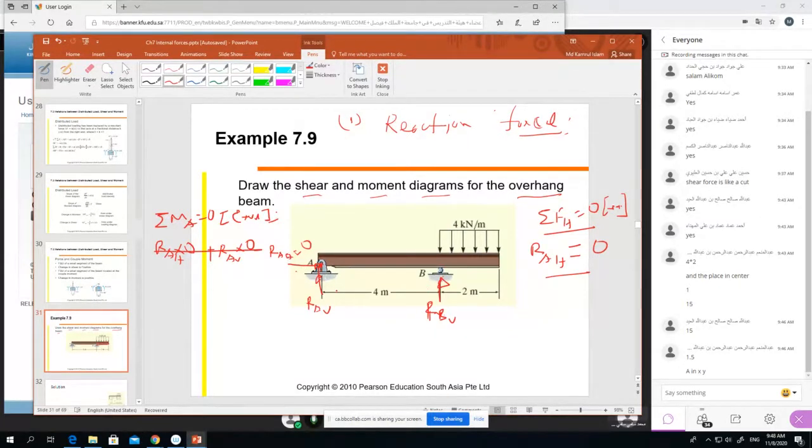Then we have RBV, and with respect to A, it is rotating anti-clockwise, so plus RBV into the distance, which is 4 meter.